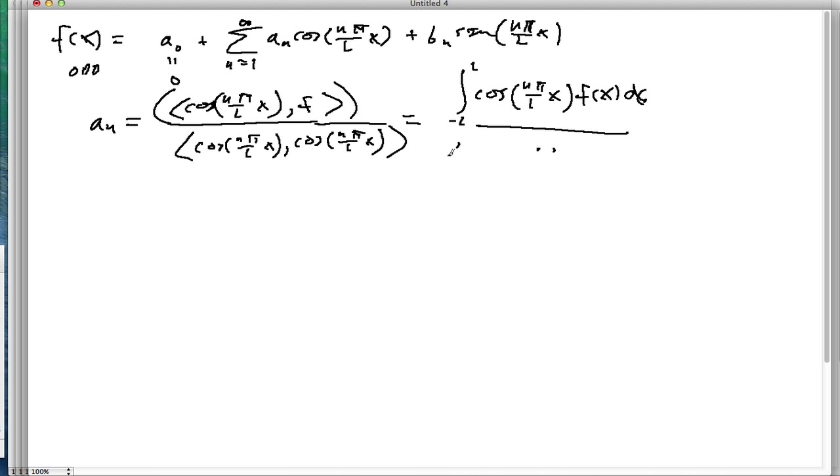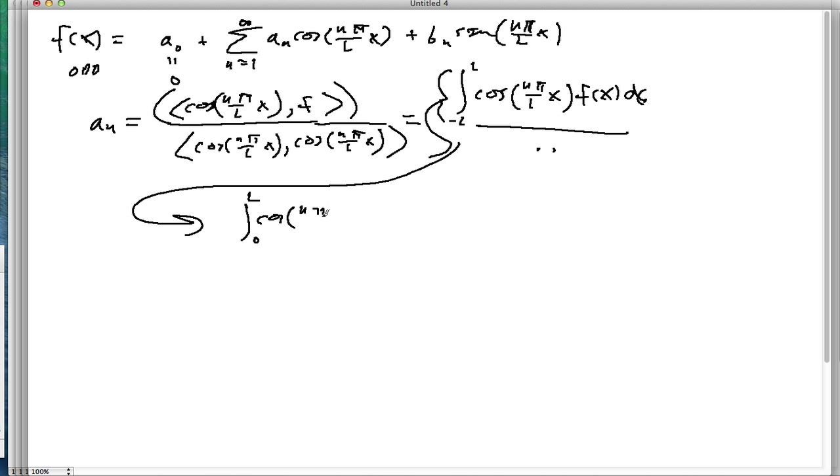And we're going to do the same trick as we've done before. So I'm just going to take this top piece and just calculate that. I'm going to take it from 0 to L, cosine n pi over L of x, f of x, and then I'm going to add on the negative L to 0 part of cosine n pi over L x, f of x.